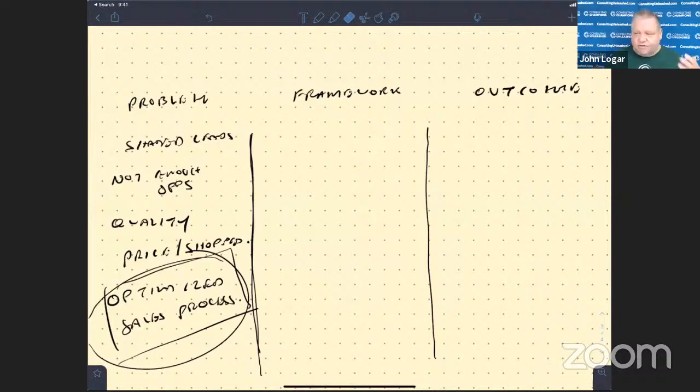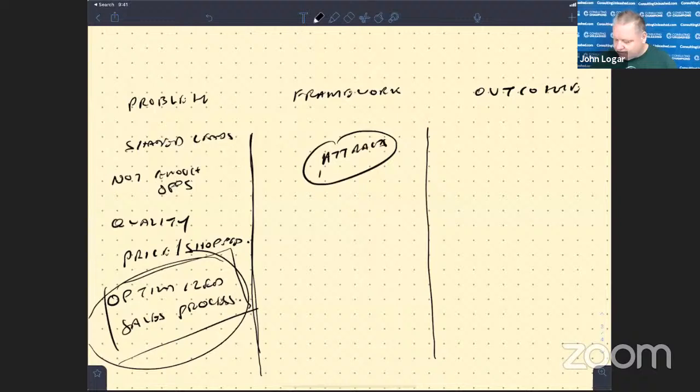Because the scenario that we need to look at is there are 3 things that have to happen to solve this problem, right? Number 1, we need to have a system that attracts buyers, right? Number 2, you've got to qualify.